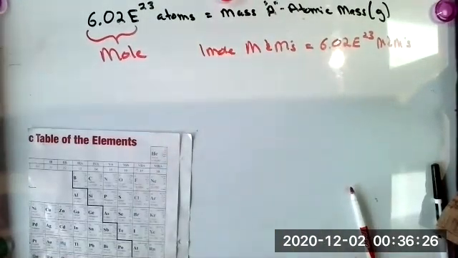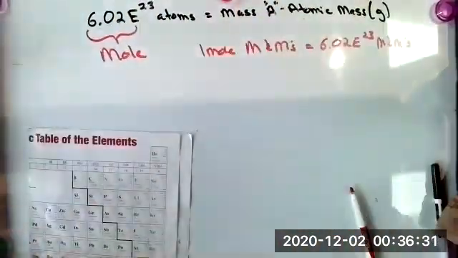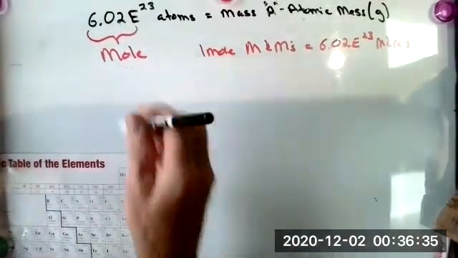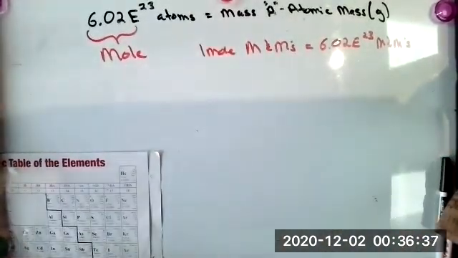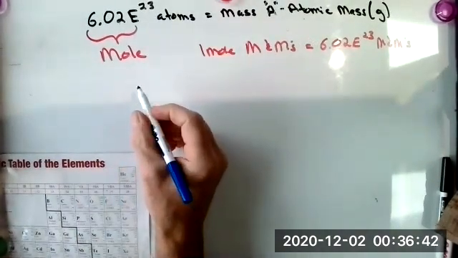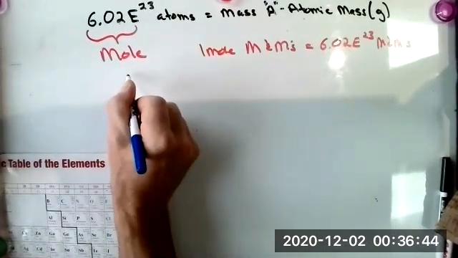Okay. So let me relate this to something that you're going to use the rest of the quarter. Matter of fact, this is so important, I'm going to change colors. And maybe you want to write this on the back of your hand. I don't know. But here it is.